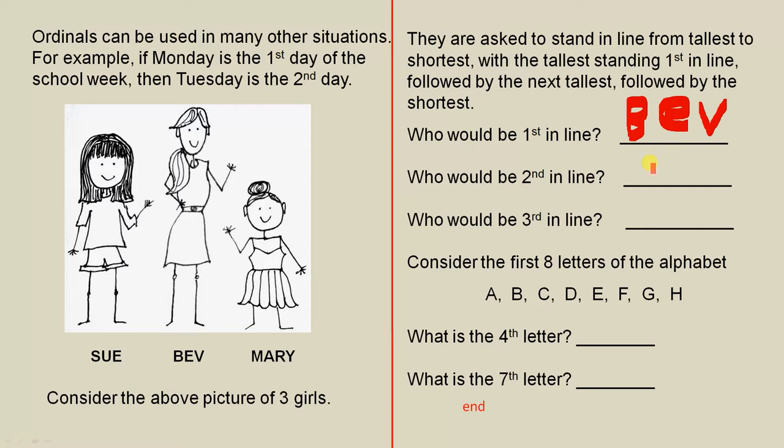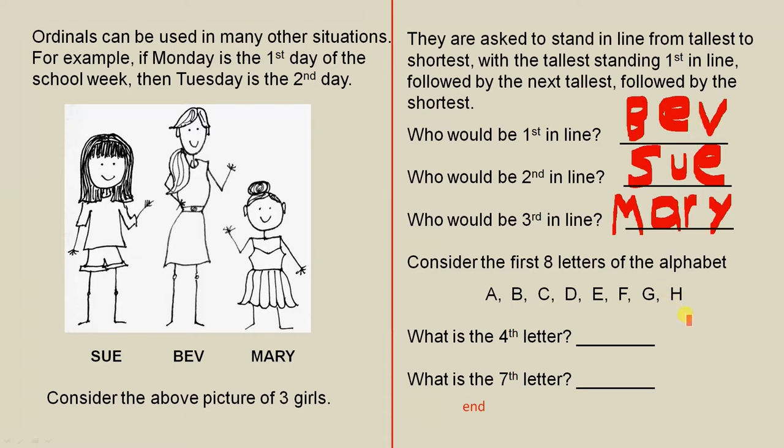Who would be second? You can see that Sue is next in line. And who would be third? Very easy to see that it will be Mary, because she's the shortest. Okay, so we have first, second and third: Bev, Sue and Mary.